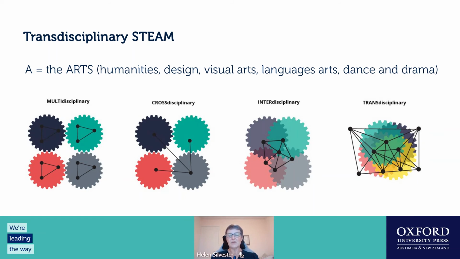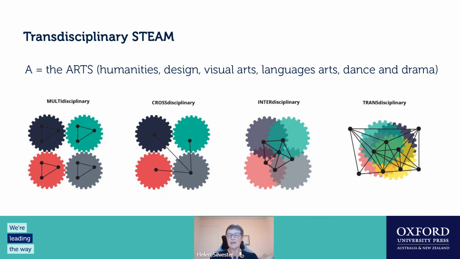The cross-disciplinary is sometimes you might have the maths teacher and the science teacher work together and teach a joint lesson, showing how the maths and the science overlaps, or you might have the humanities teachers and the digital technology teachers developing a digital technology solution to a humanities curriculum area.